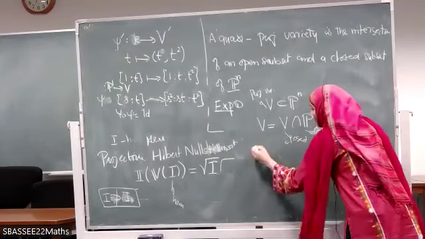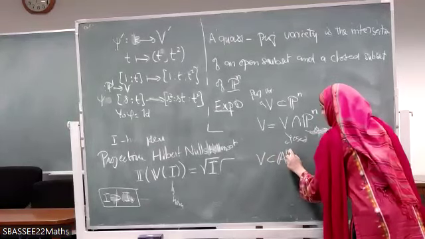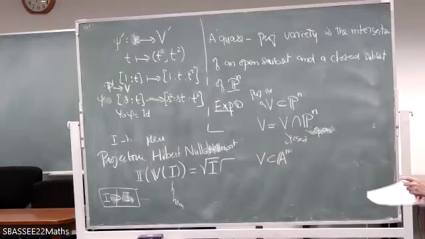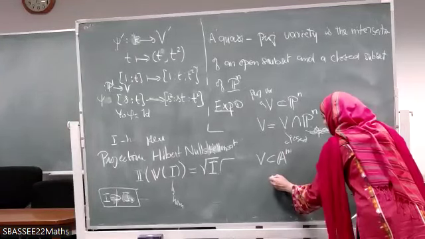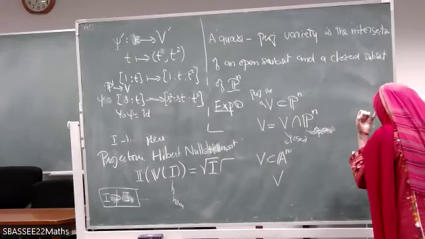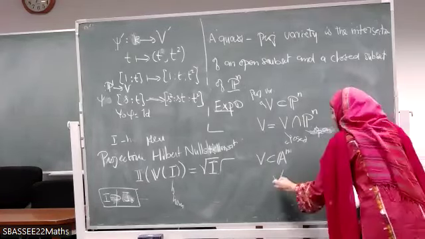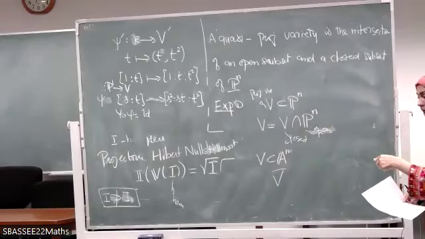And if you have an affine variety, how will you see that one? I will take V bar, the projectivization of that one.